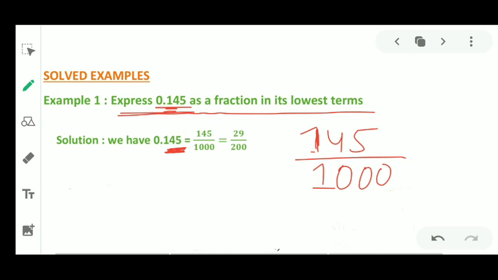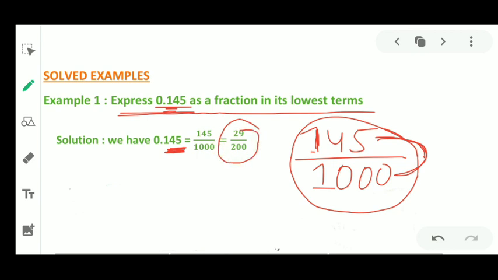After that you can reduce the fraction by the HCF of these two numbers. When you reduce the fraction 145 by 1000, you will get 29 by 200.